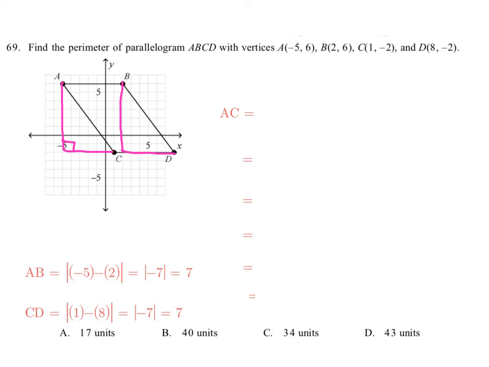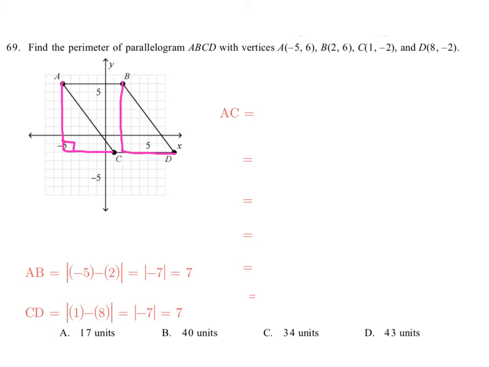If we were to count, that's 1, 2, 3, 4, 5, 6, 7, 8 units that way, and 1, 2, 3, 4, 5, 6 units that way. 1, 2, 3, 4, 5, 6, 7, 8 units that way, and 1, 2, 3, 4, 5, 6 units that way. Since the Pythagorean Theorem says a squared plus b squared equals c squared, you'd be squaring and adding together the same two lengths for both of these to get this squared. And so therefore we know AC will have the same length as BD.